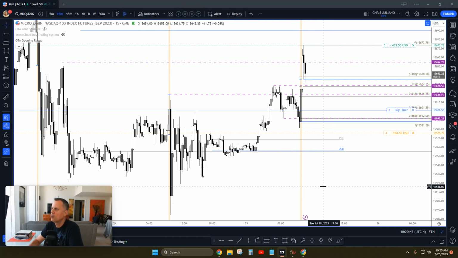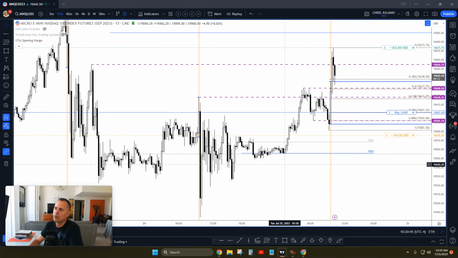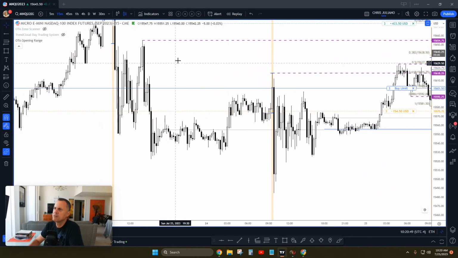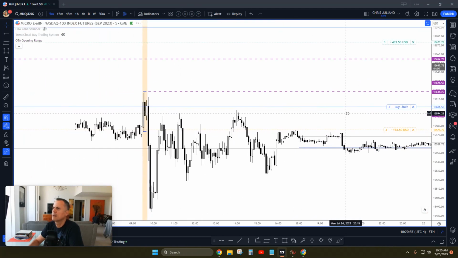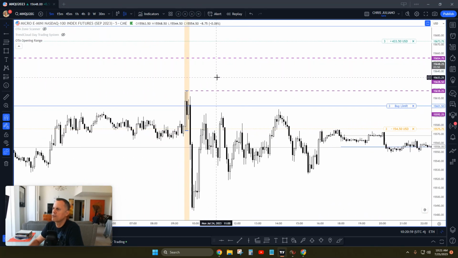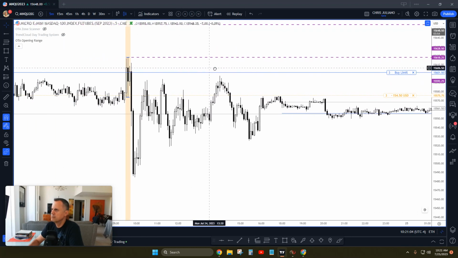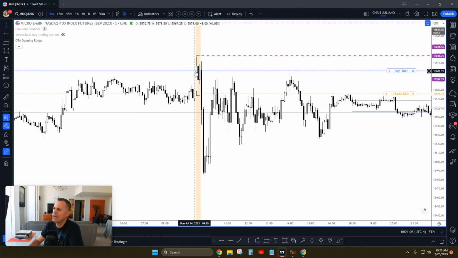Now, what else did it break? Well, what do we have here? This is the 15-minute chart. We've got a rally and a drop. Now on the 5-minute chart, that's probably something a bit more significant, right? Like right here. Here we've got a rally, base, drop.